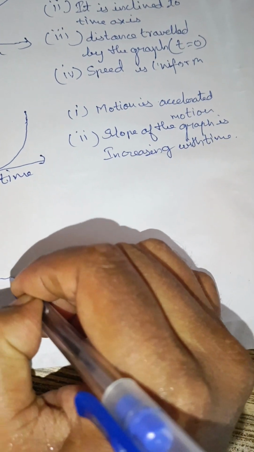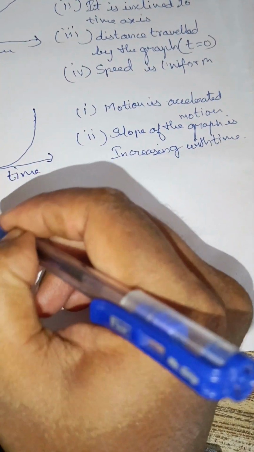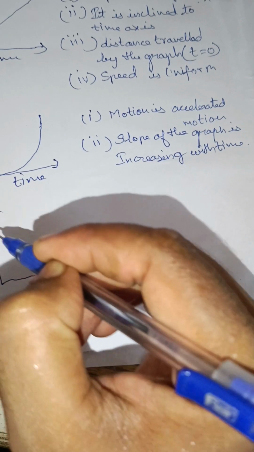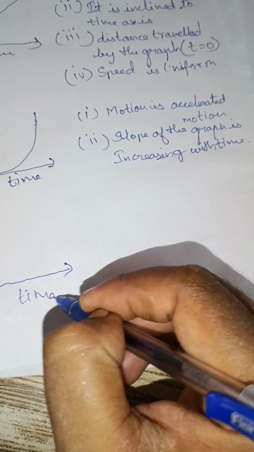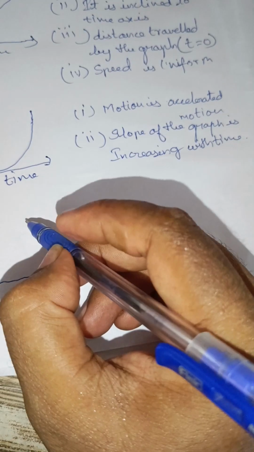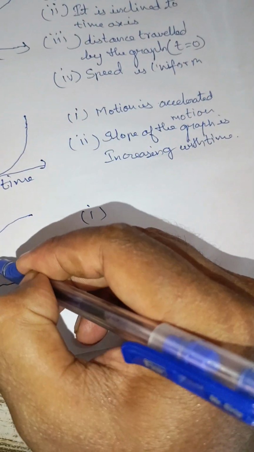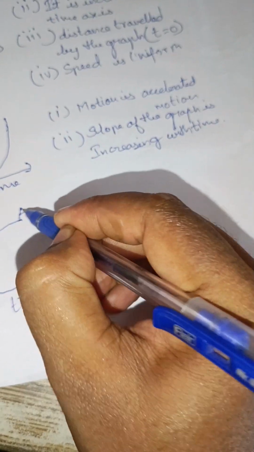Now you yourself can define this graph by seeing this diagram. Since the y-axis is the distance component and the x-axis is the time component, the graph is going to look like this. This is my A point and this is my B point.